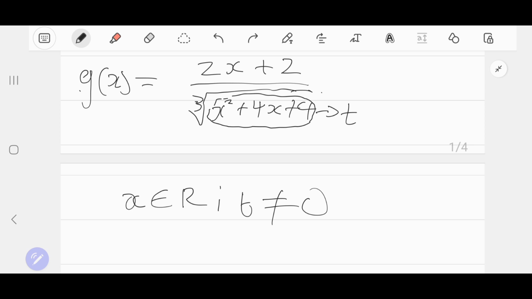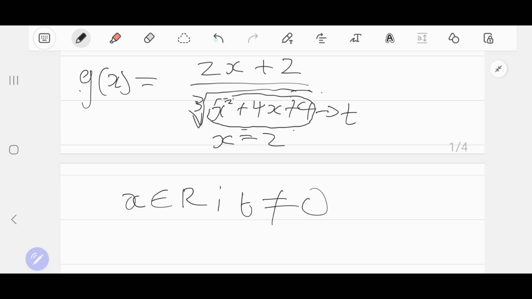So the whole of this thing that is below here must not be equal to 0. Meaning you'll find the values of x where the whole of this thing, found below this radical sign, will be 0, and then you exclude those values. Let's say maybe you solve it and then we find that x is equal to 2.